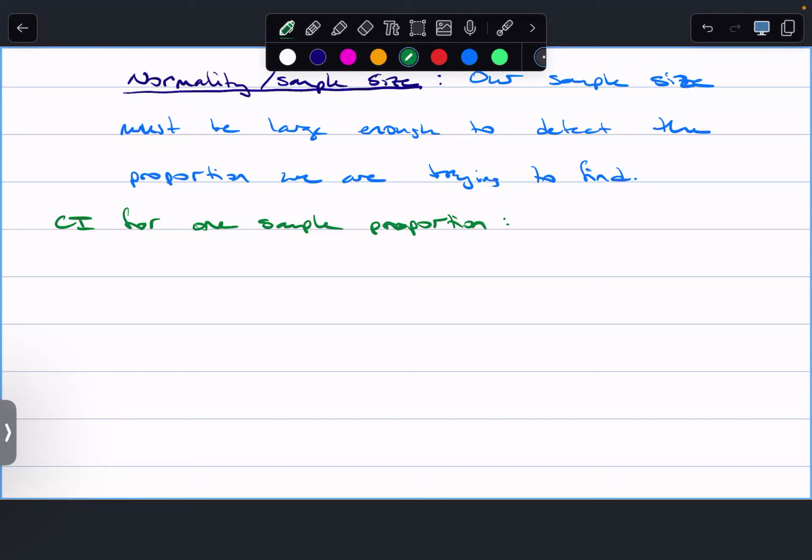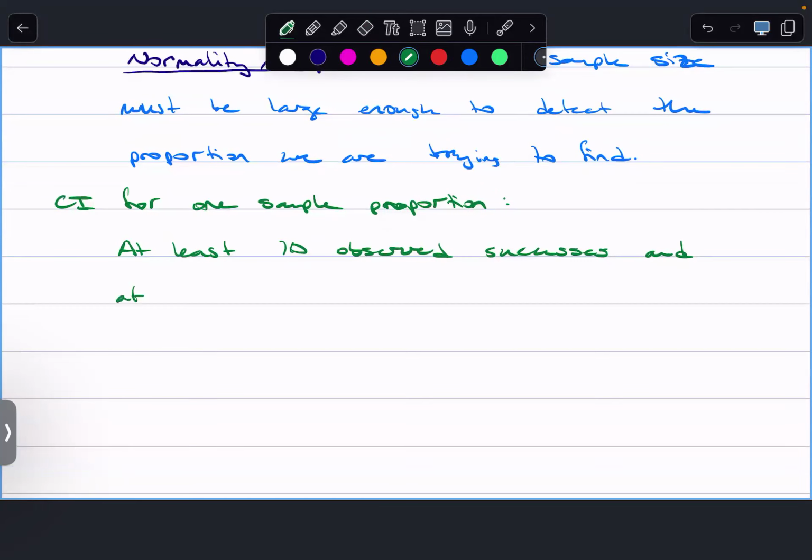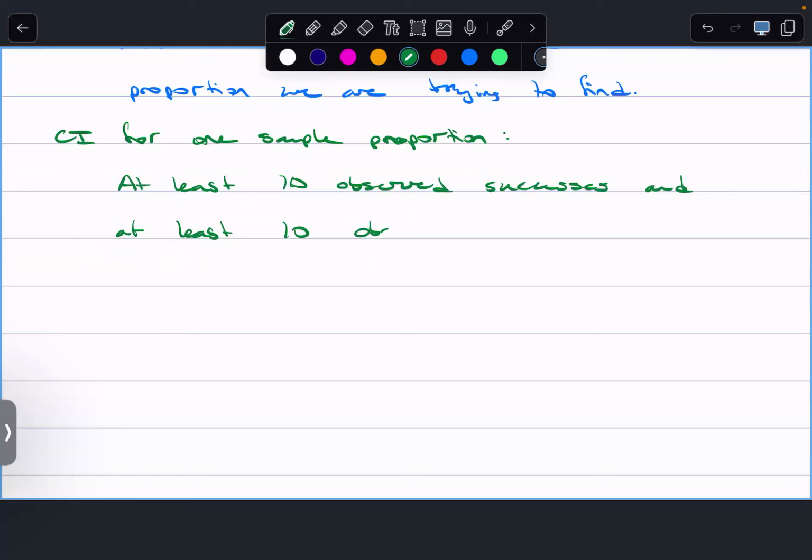I'm going to emphasize observed: we need to have at least 10 observed successes and at least 10 observed failures in our sample.